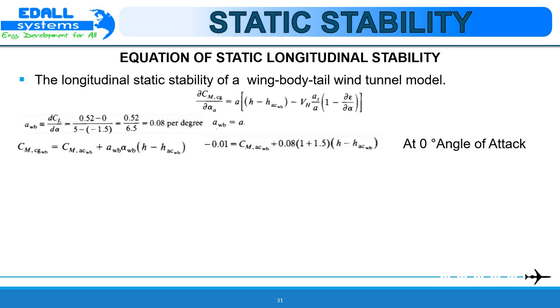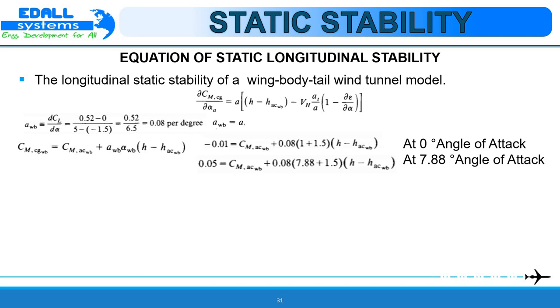So we get this equation, and evaluating at alpha equal to 7.88, we get 0.05 is equal to Cm at aerodynamic center with respect to the wing body plus 0.08 into 7.88 plus 1.5 into the wing lift acting through the moment arm.